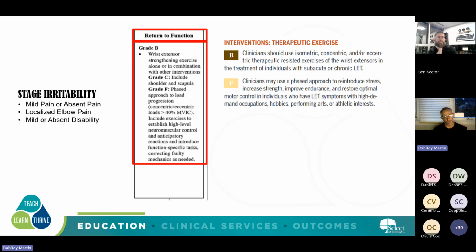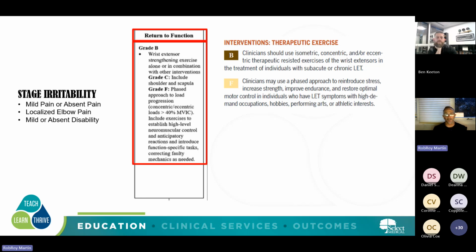And there are some level A recommendations that have come across for things like hip osteoarthritis. But for the most part, most of the recommendations, other than exercise and joint mobilization, come down to level B evidence. Thank you.